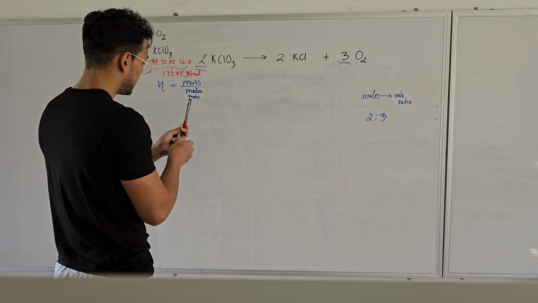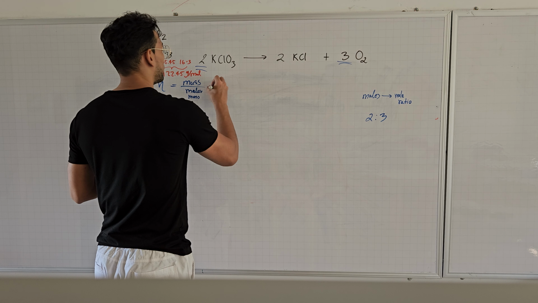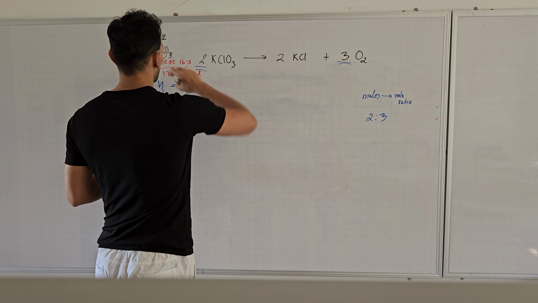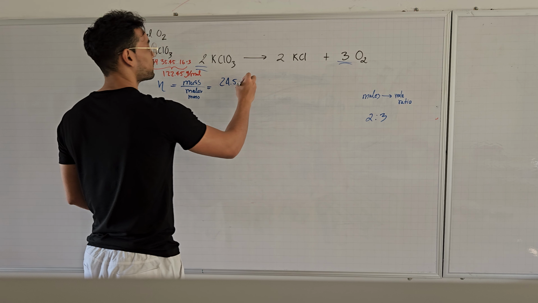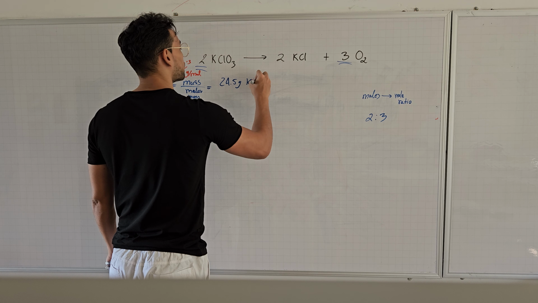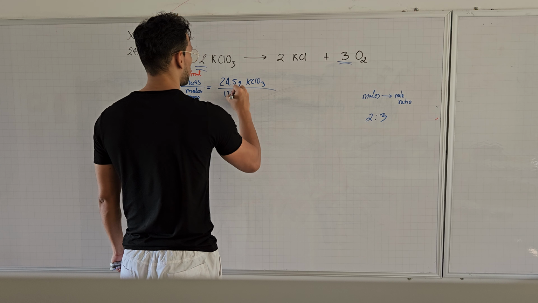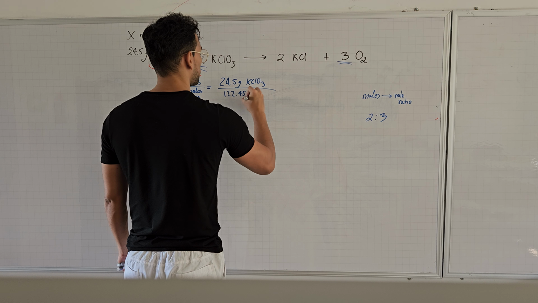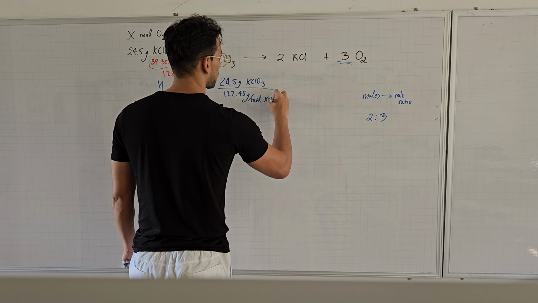So, if I replace that data over here, I will have that the mass is 24.5 grams, that is the mass given of potassium chloride, divided by 122.45 grams per mole of potassium chloride.